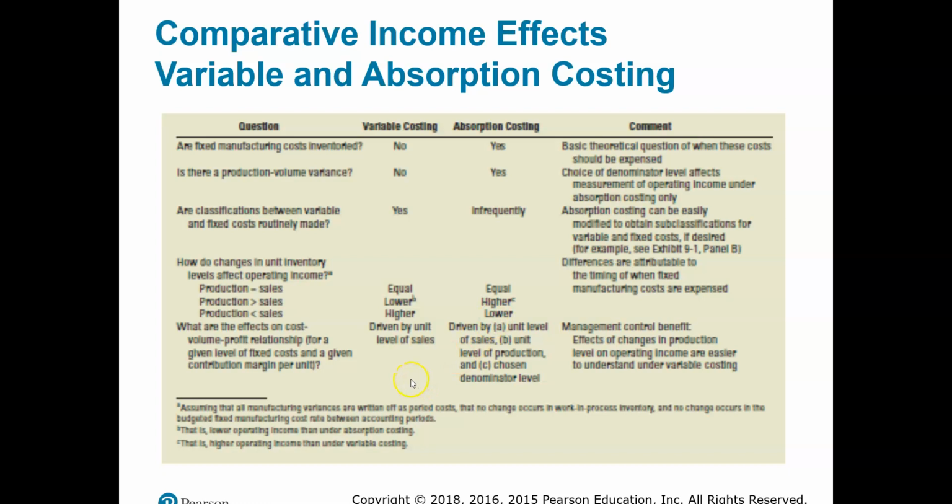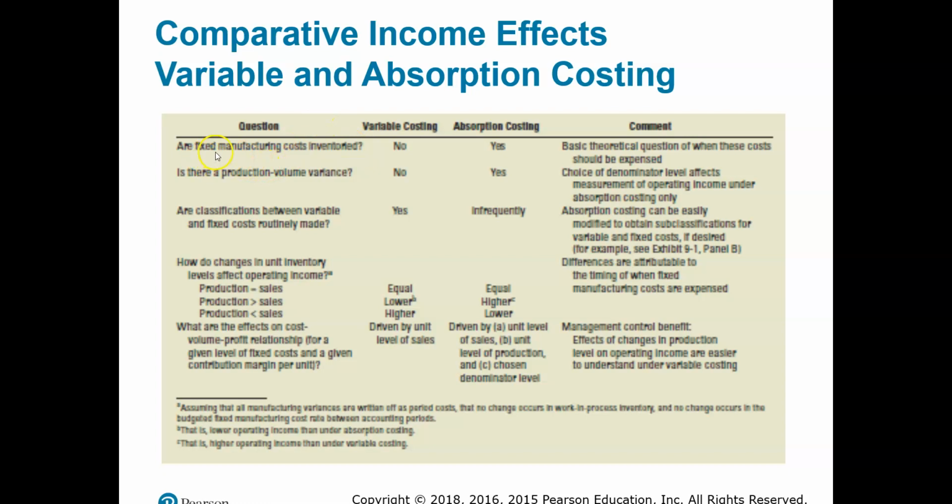So let's take a look here. And here is an important exhibit in your book. In your book, you can find this on page 338. It gives us an overview of variable and absorption costing.